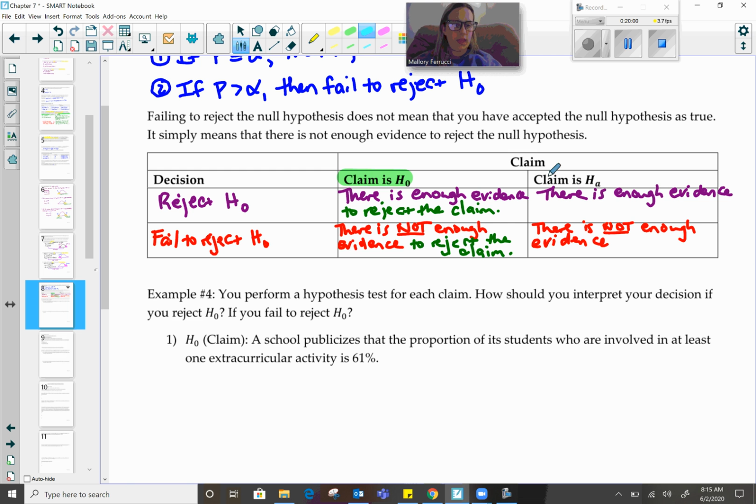Now, if the claim was the alternative hypothesis, then the ending there would be to support the claim.